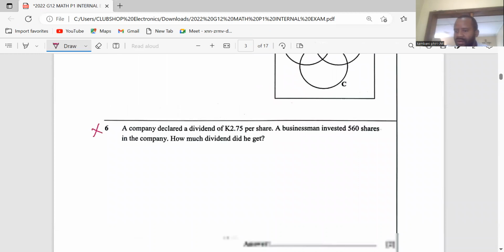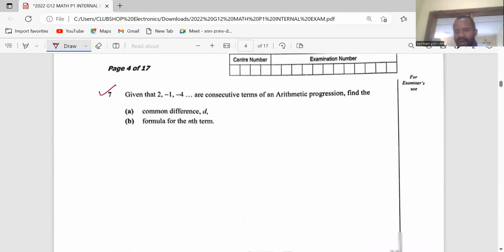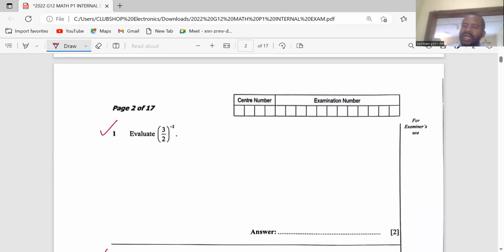Maybe no. All the way up to the end. Then begin to attempt those questions that you have ticked because you are very confident that you're going to get them, regardless of the number of marks. Even if there are a few marks, it's better you get all of them than attempt a lot of questions and then get 0. So once you are done attempting all those questions that you selected, you begin to go back to those that you could have left.